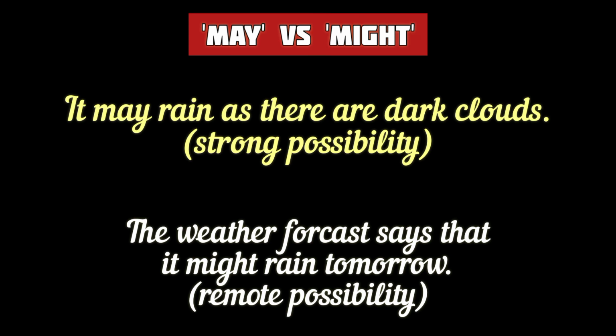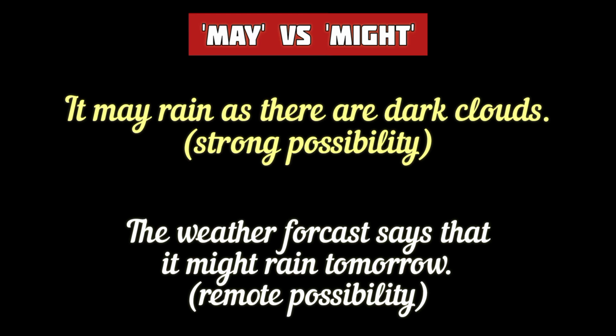Now take a couple of more examples to understand the difference between may and might when it comes to the expression of present possibility. It may rain as there are dark clouds. Now the presence of dark clouds indicates a strong possibility of rain.